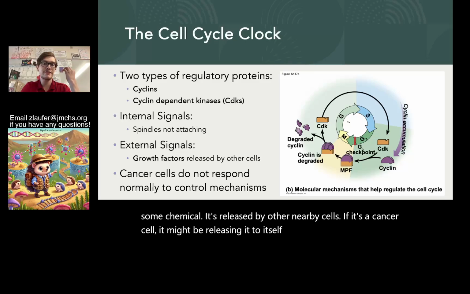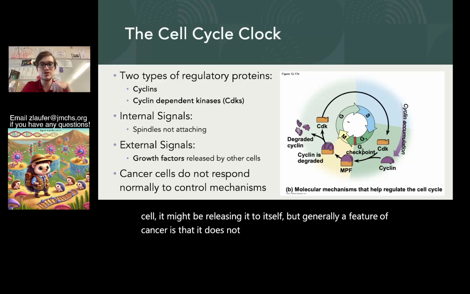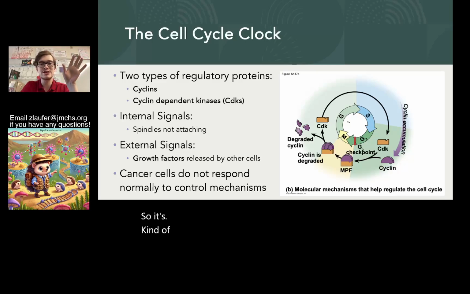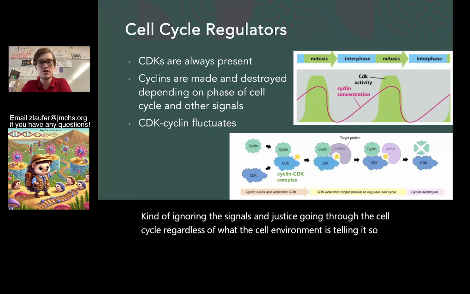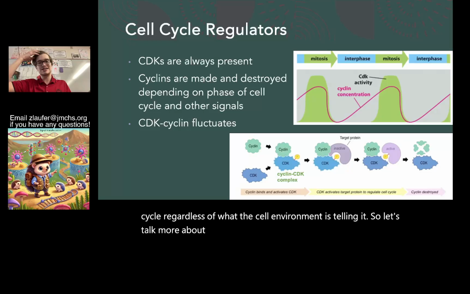But generally, a feature of cancer is that it does not really respond to these mechanisms well. So it's kind of ignoring the signals and just going through the cell cycle regardless of what the cell environment is telling it. So let's talk more about the cyclins and CDKs.